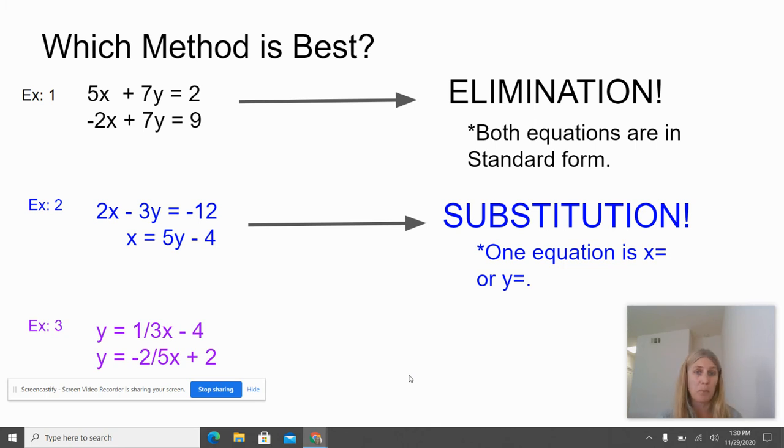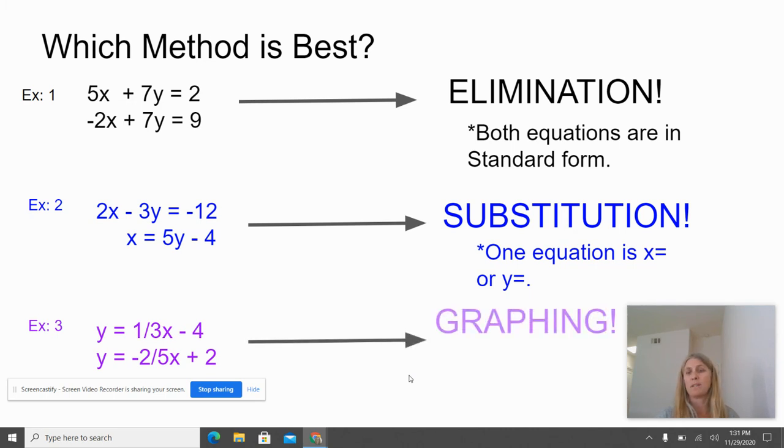However, for some people, our fraction skills of finding common denominators isn't always the best. So if you're someone who's great at fractions, use substitution equal values. If you're someone who cringes away from fractions, then I would default back to what you learned in middle school, which is simply graphing to solve these.